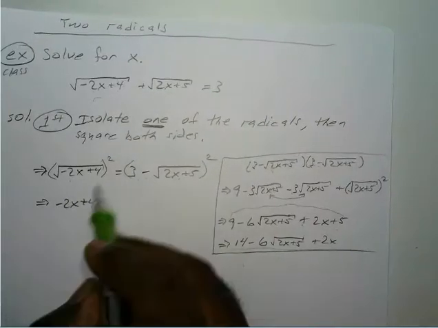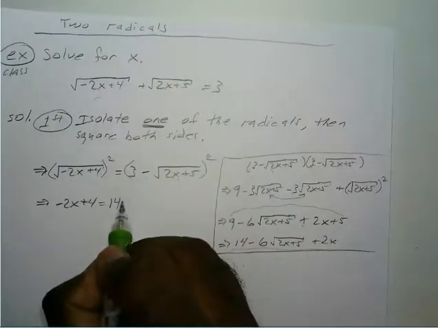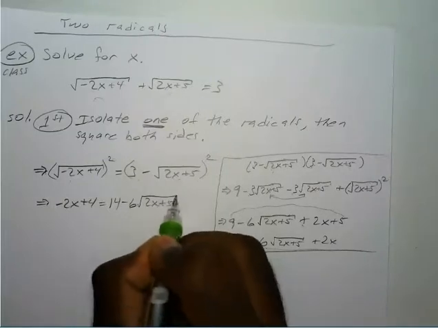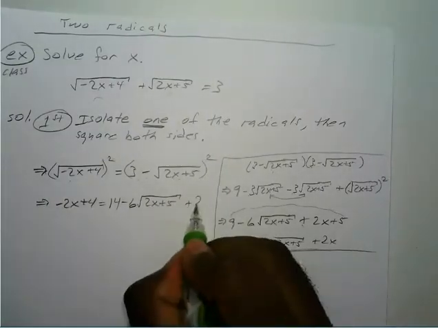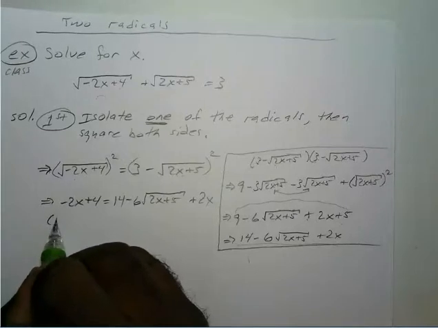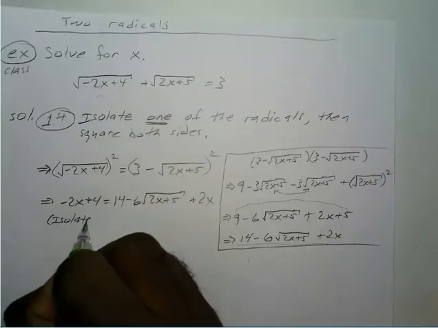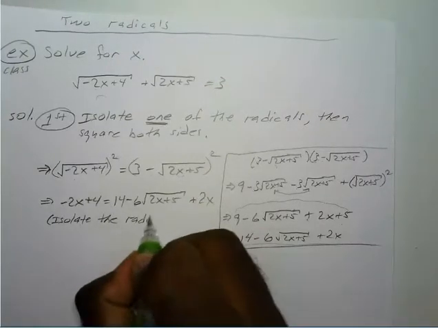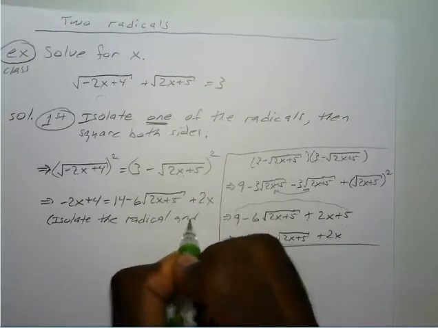So that's equal to 14 minus 6 square root of 2x plus 5 plus 2x. All right, so now what do we want to do? We want to isolate the radical and square both sides again.